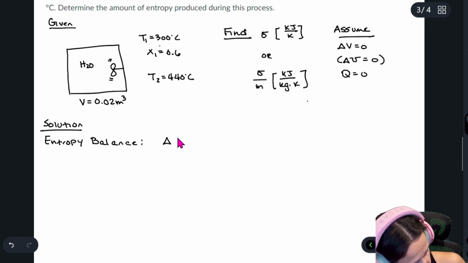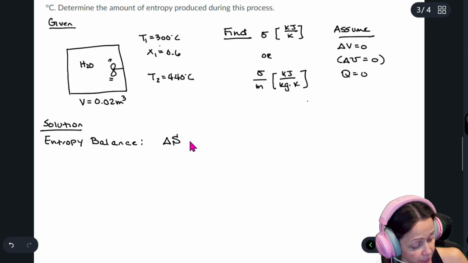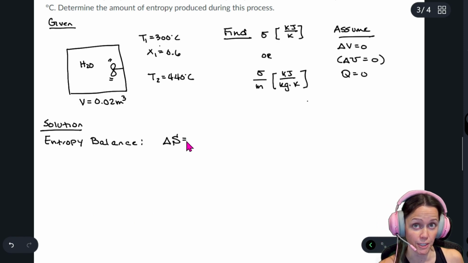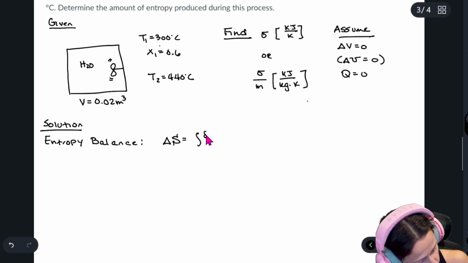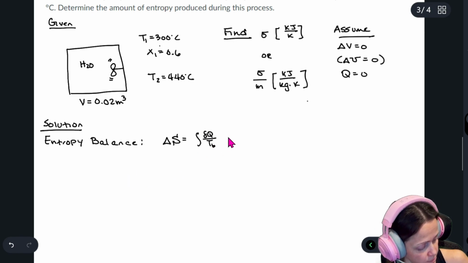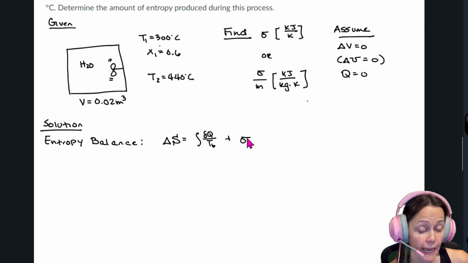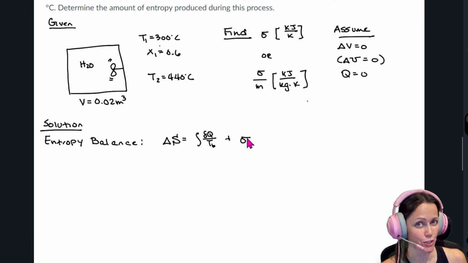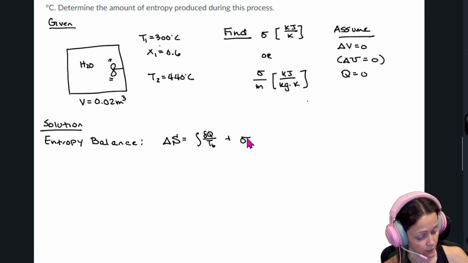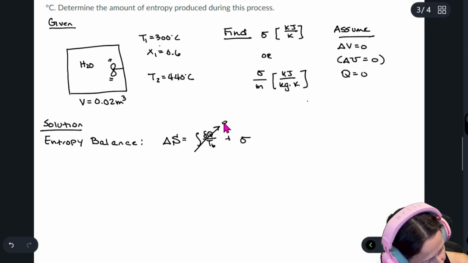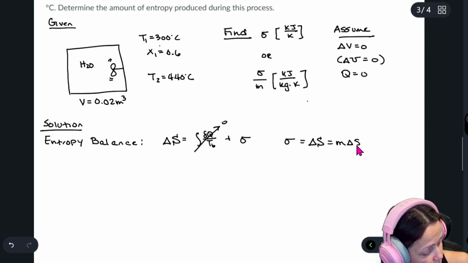So the entropy balance for a closed system: delta big S, the change in entropy contained within the system, is equal to the amount of entropy transferred by heat transfer across the system boundary plus the entropy produced. Okay, perfect. And I don't have any heat transfer, so I don't have any entropy transferred by heat transfer, so I'm going to get rid of that. And I'll have sigma equals delta big S, or m delta little s.